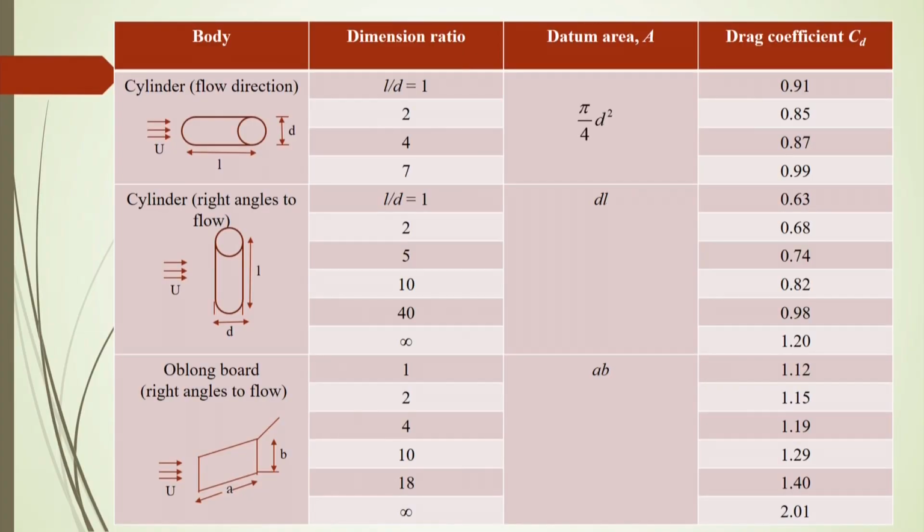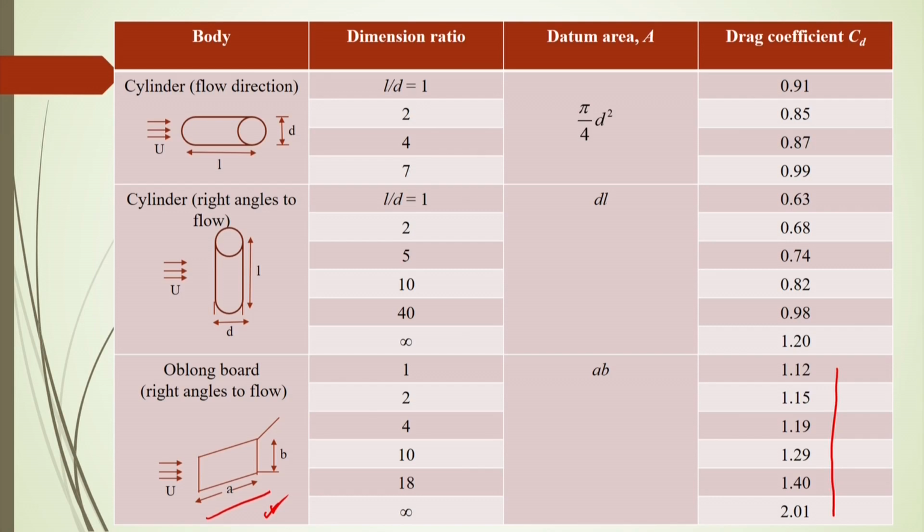Now, for another shape, if I consider an oblong board at right angles to the flow, it is oriented as shown in the figure here, where we will have these dimensions A and B. So, if we change these dimensions A by B, accordingly you will see that the projected area will be A B, and the drag coefficient will change as shown here in the table.